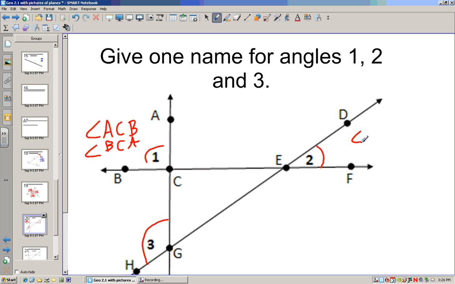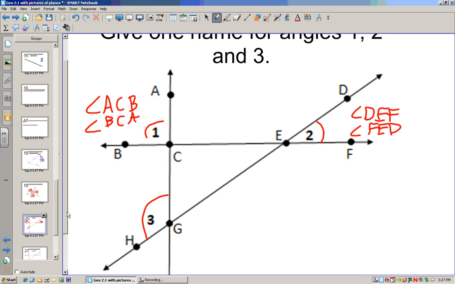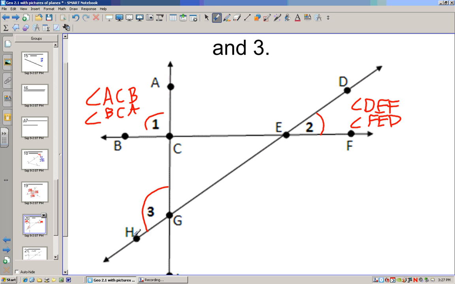This angle is angle DEF or angle FED. Down here we have CGH. I should put my angle sign in front, or angle HGC.